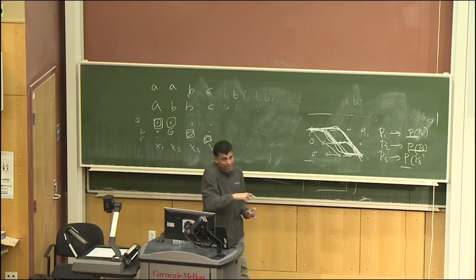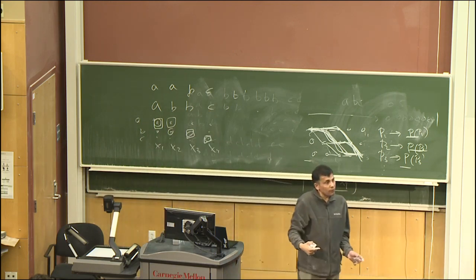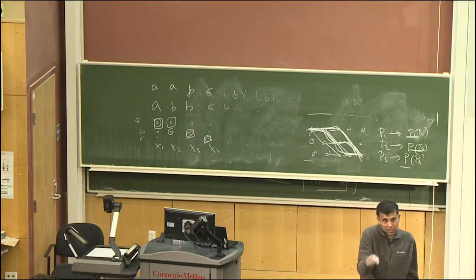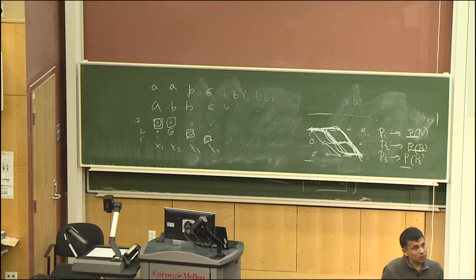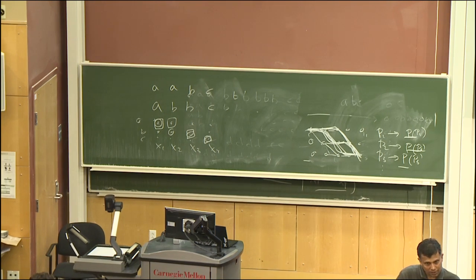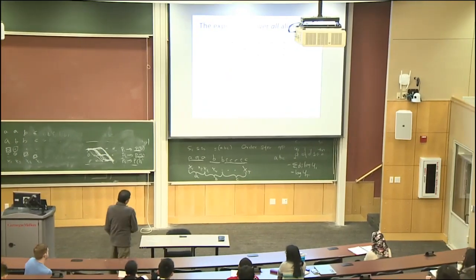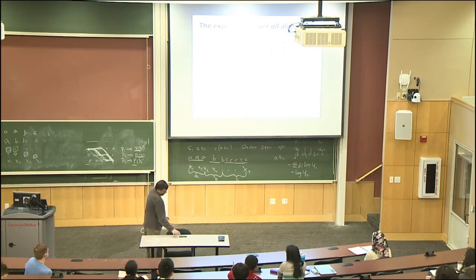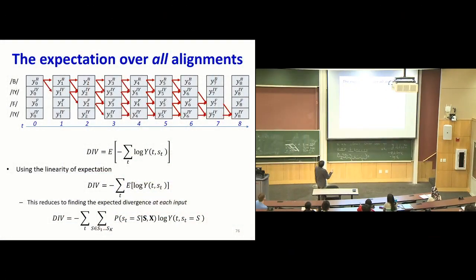So every single alignment comes up with a different divergence, and the divergence is simply the sum of the logs of the probabilities assigned to the symbols along the sequence, correct? So that means the divergence is this term here, which is the expectation of minus of the sum of the log probabilities assigned to all the symbols along the sequence, right?